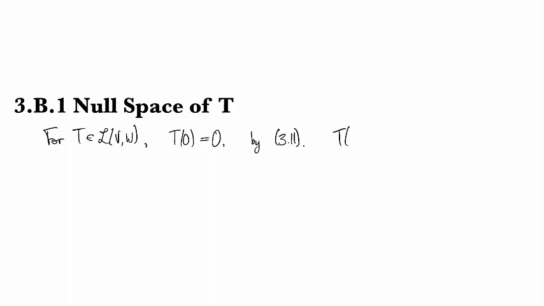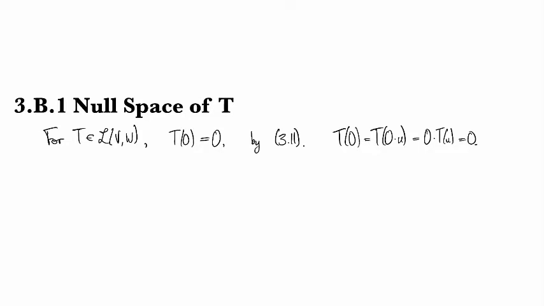Here's another one. T of 0 is the same thing as T of the scalar 0 times any element u of the vector space. And then I can pull the scalar out. And then by a previous theorem in the book, 1.30, this is going to be equal to 0.